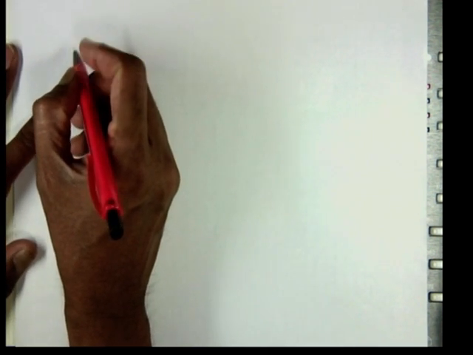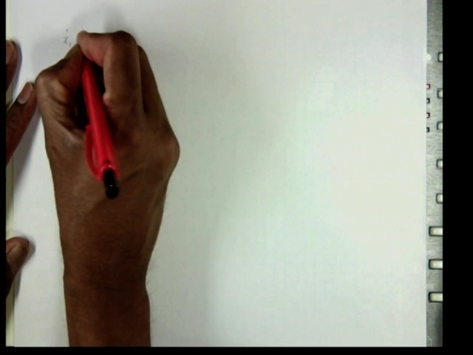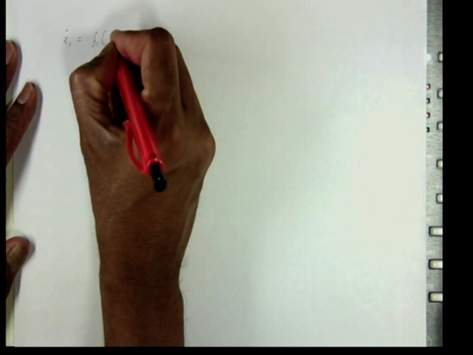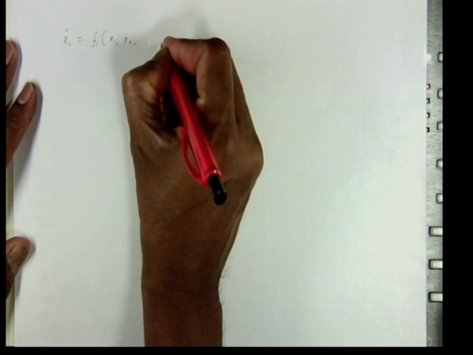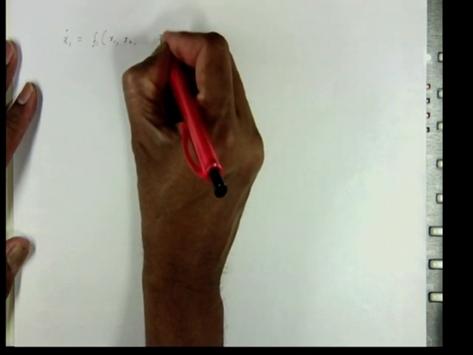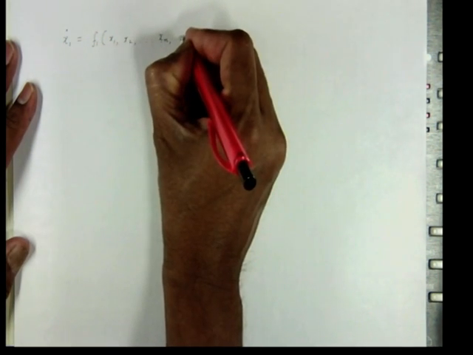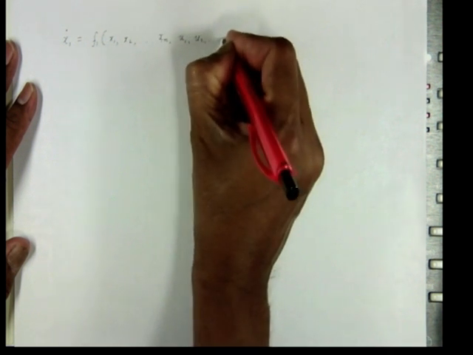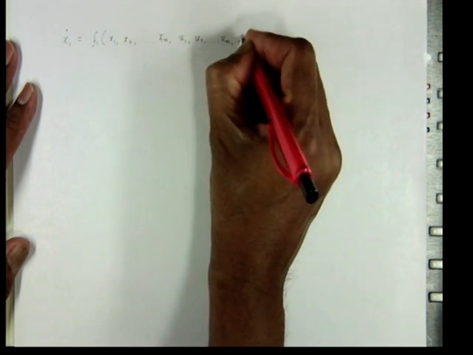X1 dot is equal to F1, a function of state 1, state 2 and so on, up to, say, n states, and we can have inputs, say U1, U2, up to, say, m inputs, and let's also say we have time explicitly.